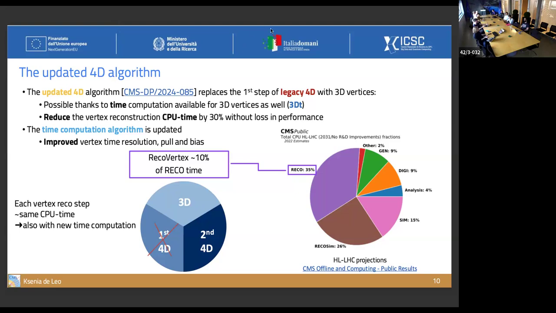So if you chose any layers, it would be the innermost. Yes, generally, for example, for B-tagging. If you have more layers, you can have a higher vertex precision versus time precision, because you have more hits, for example, in the central region than in the forward region. But yes, it also depends on the application.